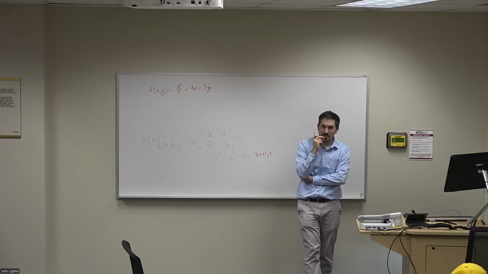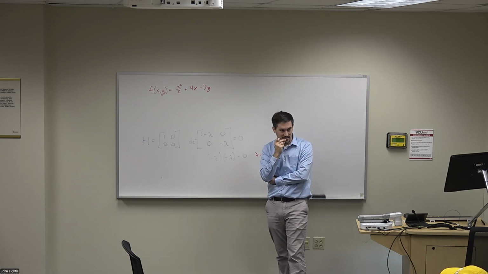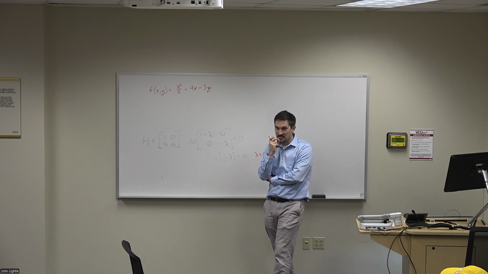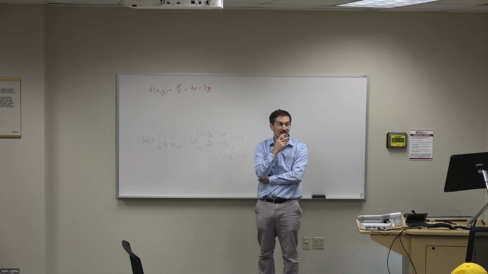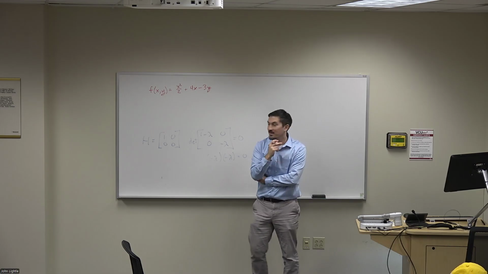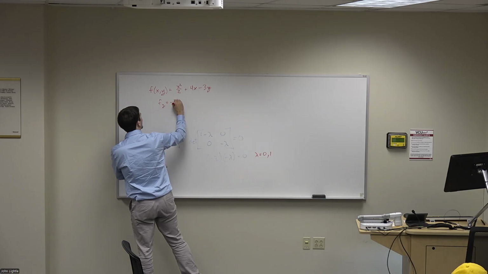Oh gosh, there's not going to be a minimum. Do you know why? We can't find a minimum. No, x is fine, but not y. Oh, you're right. If I take the derivative of this with respect to y, I get -3.